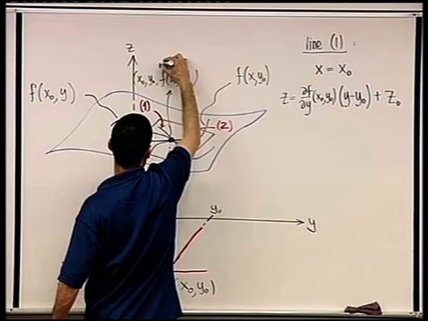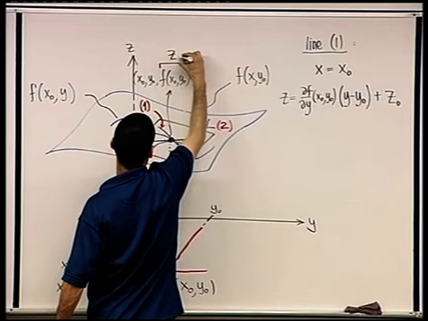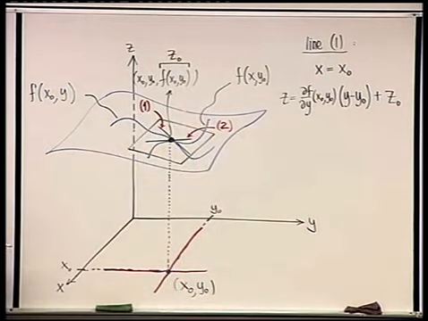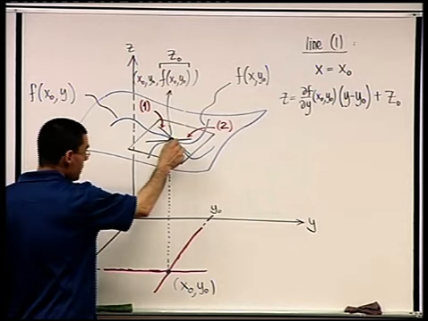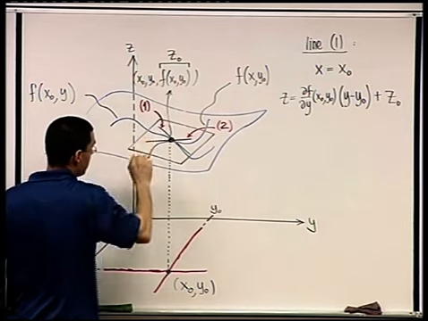Let's call this z0, f at x0, y0. We're going to call that z0. Okay? Do you agree? It's the equation of a line through this point x0, y0, z0.